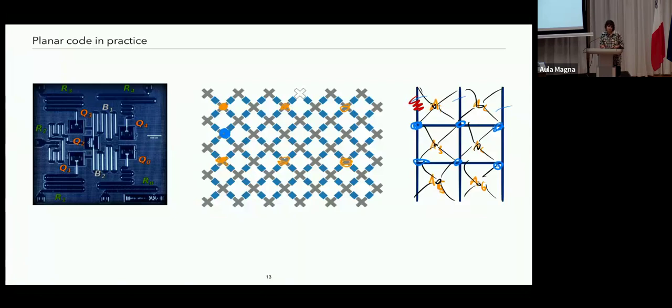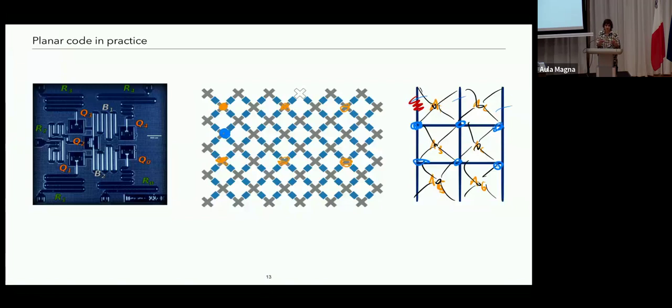I thought IBM currently has a heavy hex architecture that doesn't look exactly like the previous. So can you still run the planar code without swaps? Yes. And they are also studying other codes, and there are ways to map a code that doesn't require local interaction between the qubits to a limited connectivity graph.